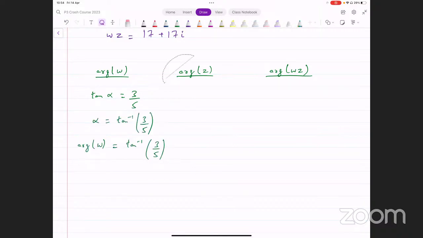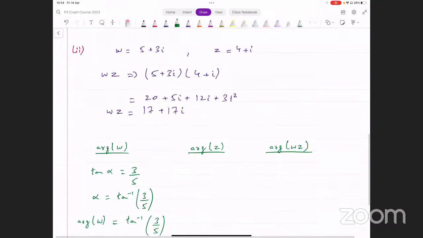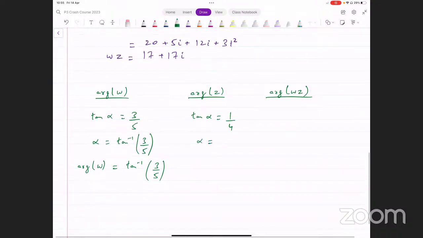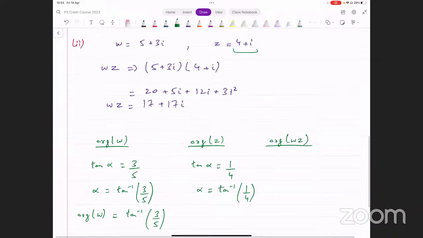Let's look at the argument of Z now. Z is 4 plus iota. We again first need to find the basic angle. Tan alpha equals 1 over 4. What would alpha be? Alpha would be equal to tan inverse of 1 over 4. Again, we are not going to convert this to decimals yet. Just write this in this form.